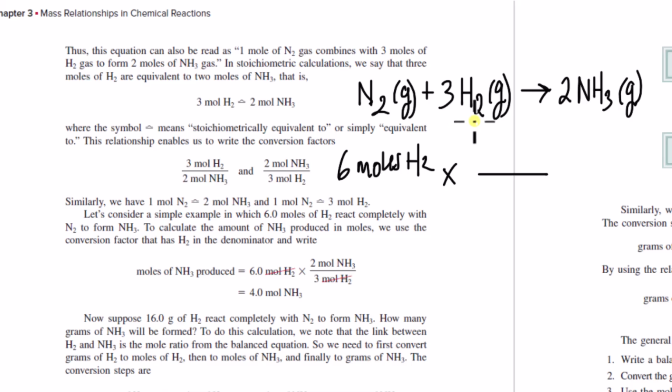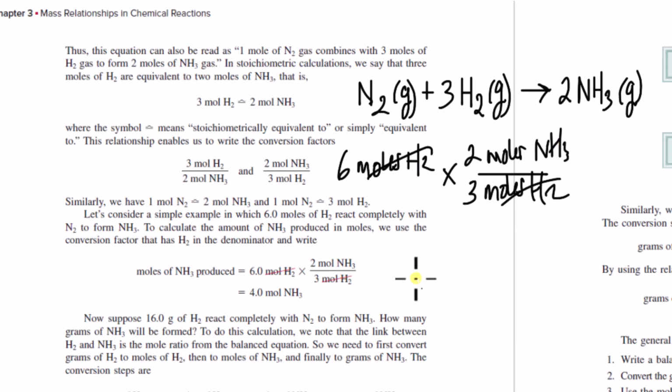So the equivalency of, for every 3 moles of hydrogen gas consumed, 2 moles of NH3 are produced. Those cancel, and so now the units are moles of NH3 produced, which is what we're looking for. 4 moles of NH3 produced, just like that.